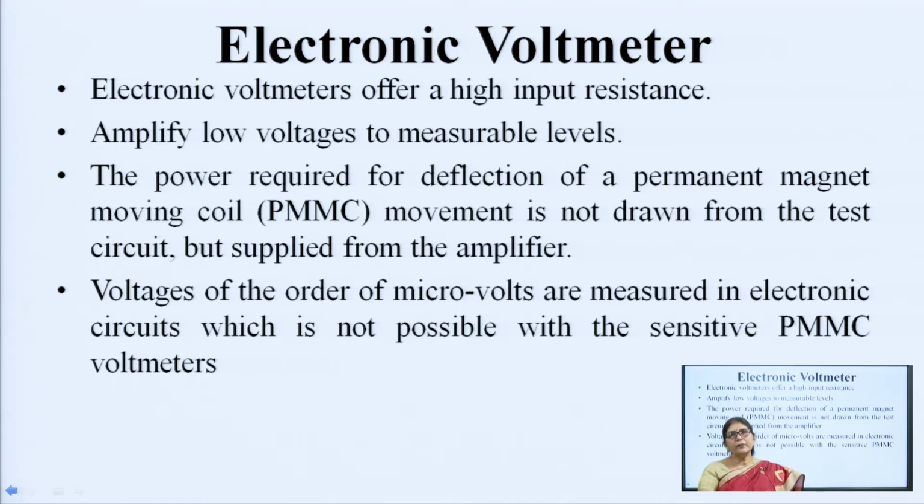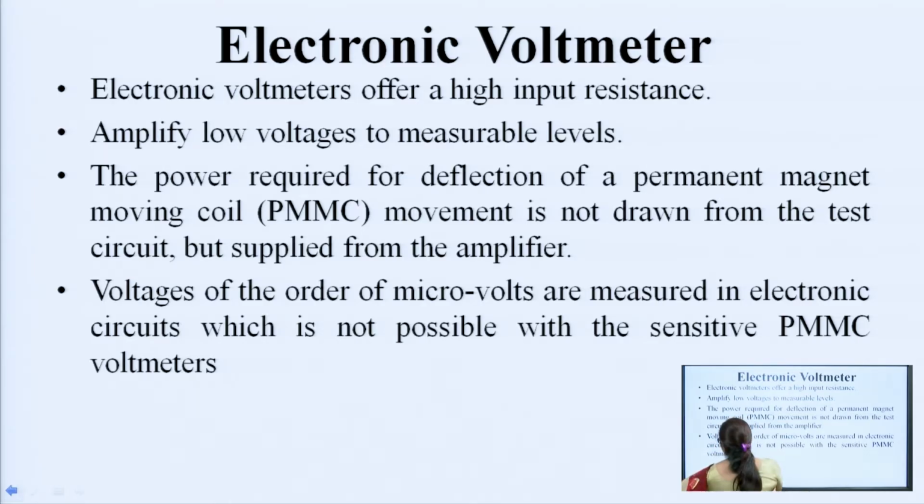The disadvantage is that these instruments are not able to provide a very high input resistance. In this lecture I will discuss only the electronic voltmeters that are used for the measurement of DC voltage.